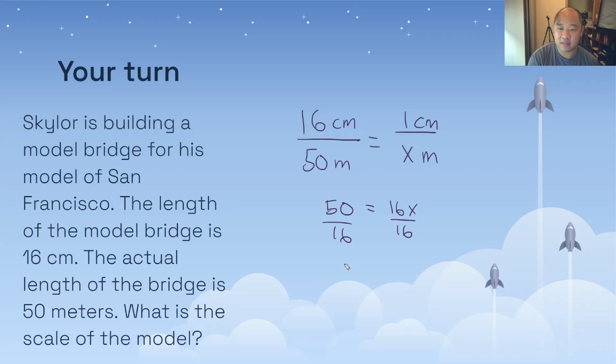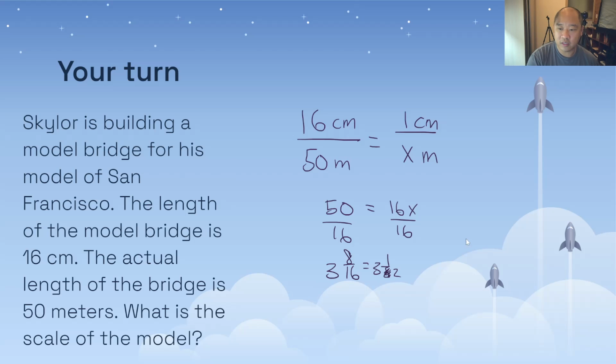Divide both sides by 16, and this will be 3. 3 times 16 is 48, 50 minus 48 is 2, so 2 over 16.